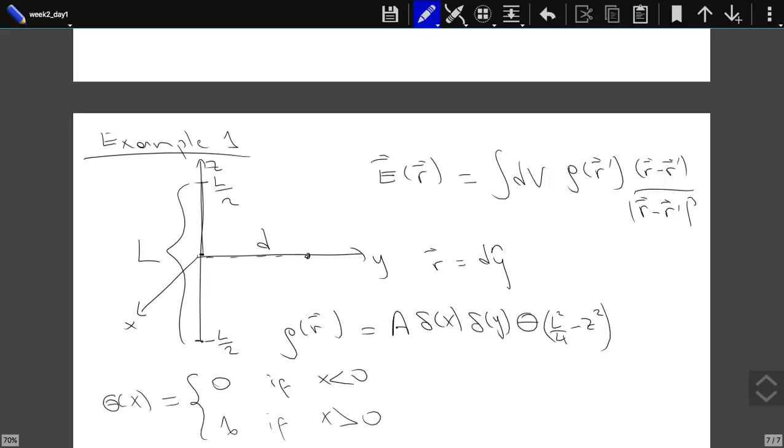If I take a very small volume over here that passes through my rod, well, no matter how small my volume is, there's some charge on it. That means if I take the limit as the size of the volume goes to 0, it will diverge. That is what the Dirac deltas do. Of course, I still need to determine A.